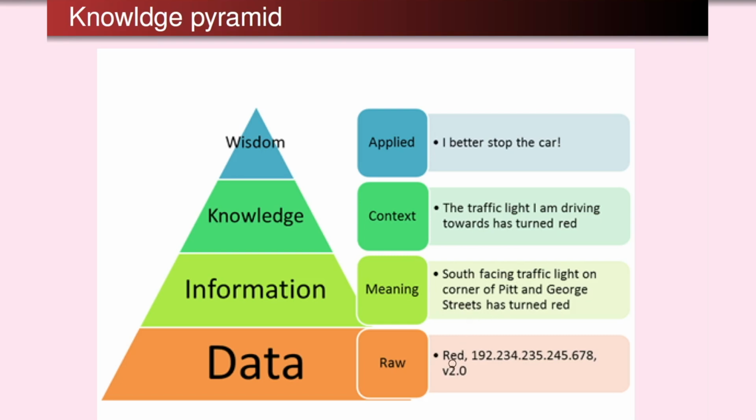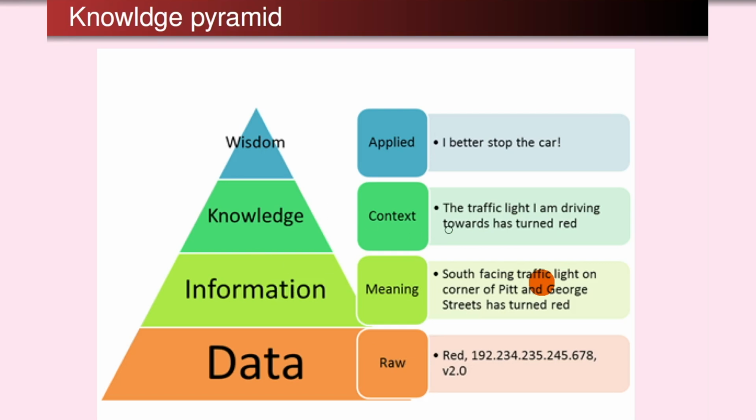This red may indicate a traffic light on the corner of a street, of a type of bit and George Street, that has turned red. That is the indication. And this 192 indicates the GPS position or coordinates. This meaning of the data is information.